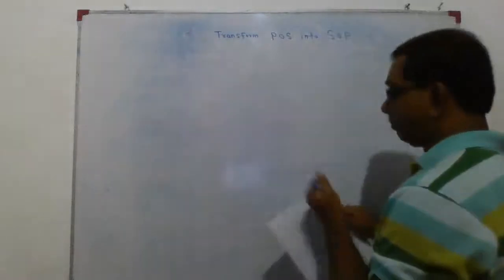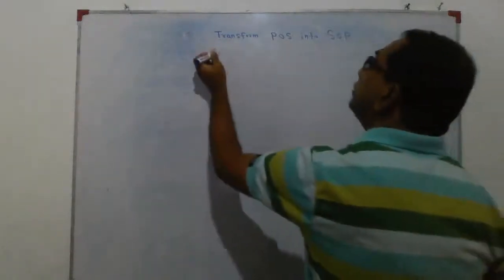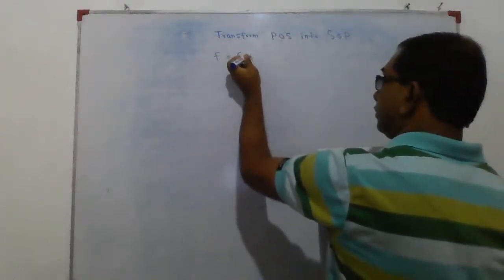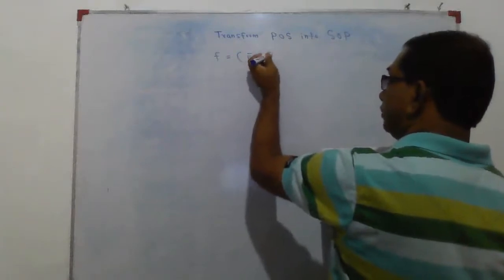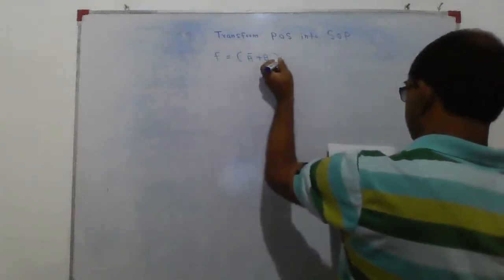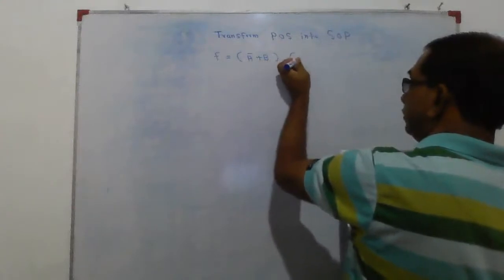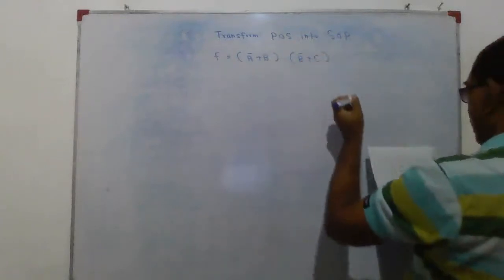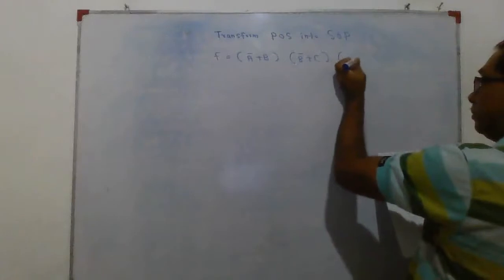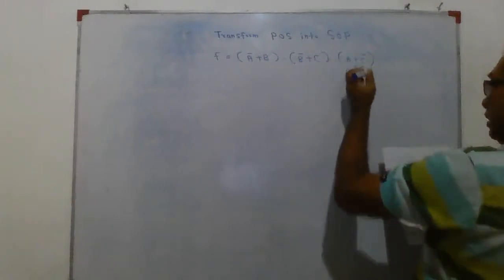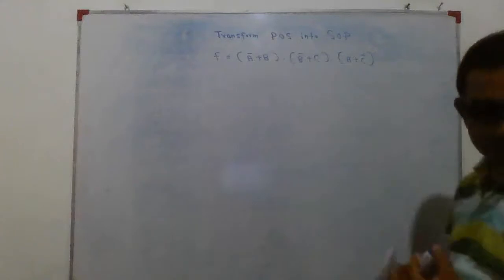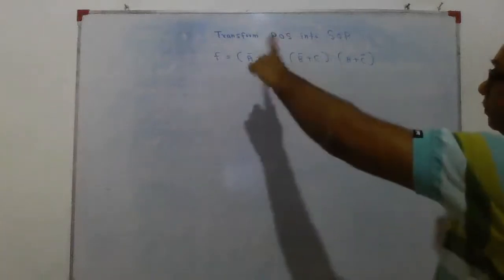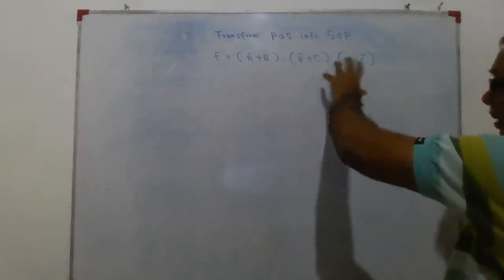So I have a POS statement. It says A bar O B and B bar O C and A O C bar. Right. Now I have the statement. This is a POS statement.